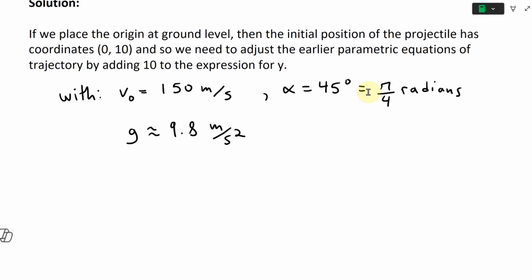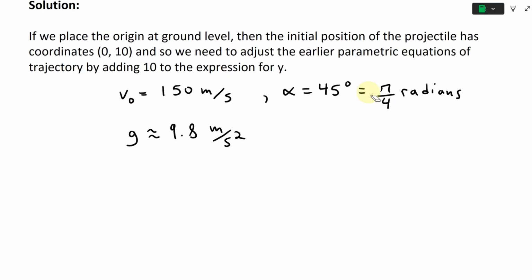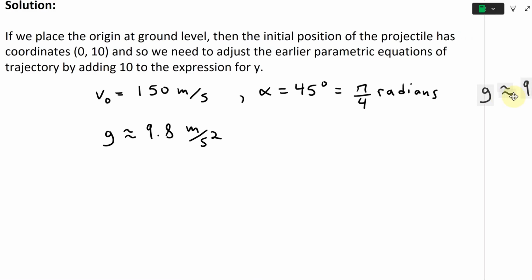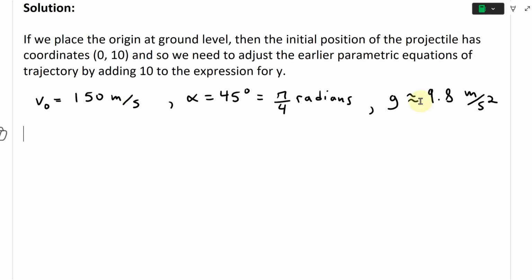Now let's draw. I'm just going to ignore the "with" part, we don't need to write that. I'll move this over here and fix everything up. So now let's draw out how the trajectory looks.